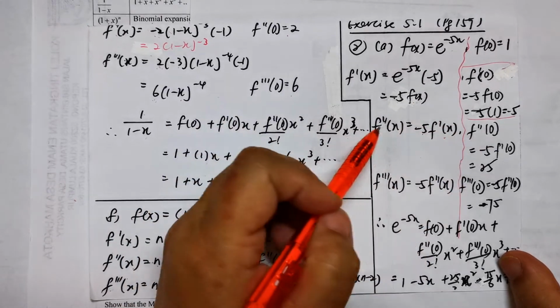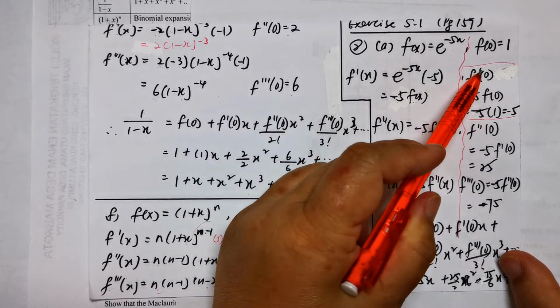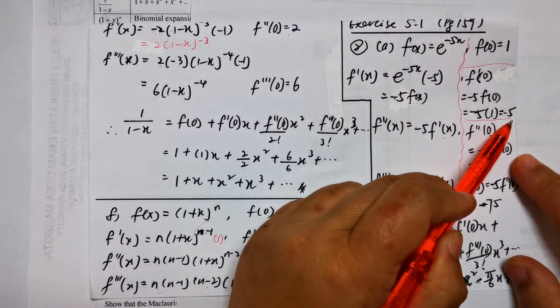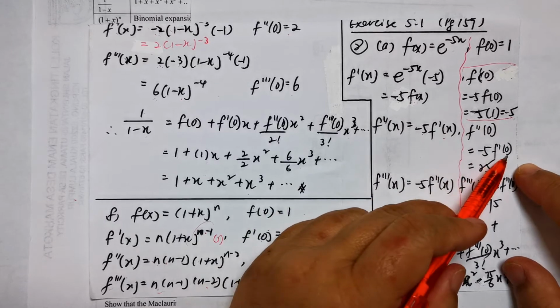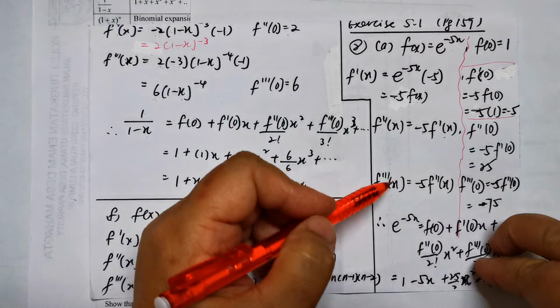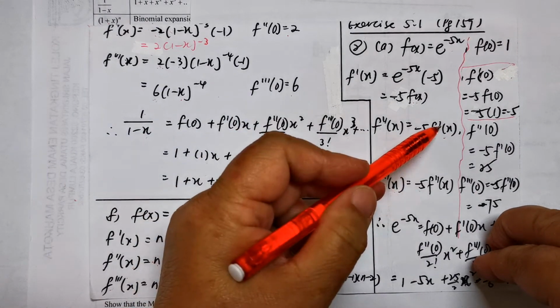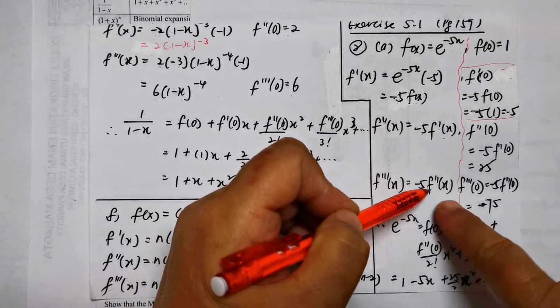All right. Therefore, sub 0 in. So f prime 0 we already calculated just now, is negative 5. So negative 5 multiplied by negative 5 is 25. Okay. The third derivative also: negative 5 is a coefficient, just copy. Differentiate f prime x, you get f double prime x.